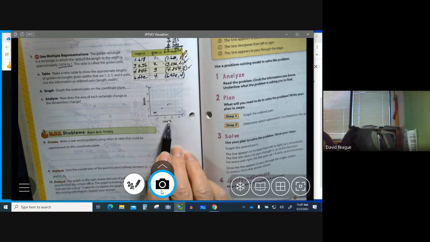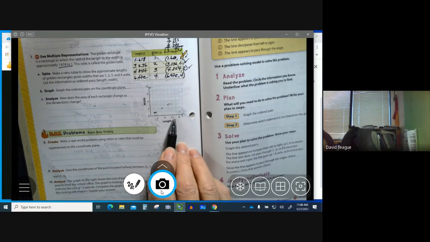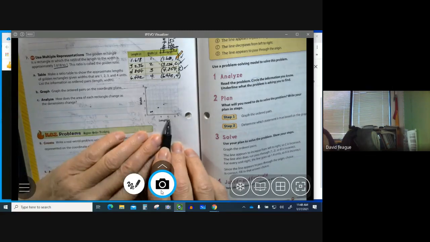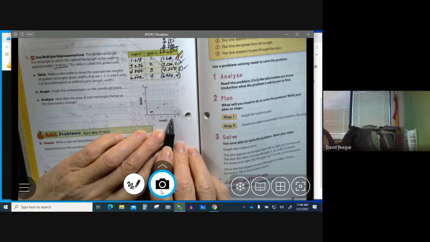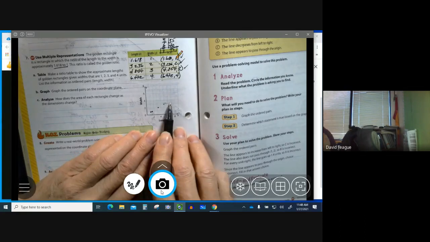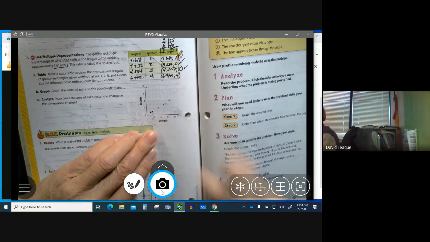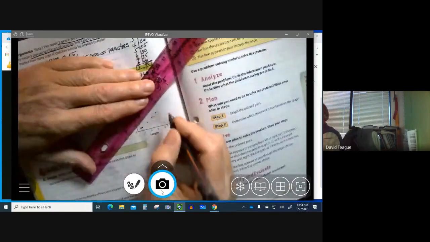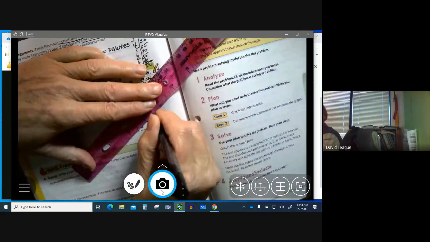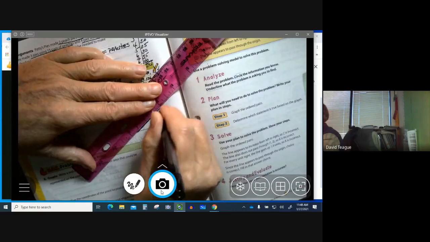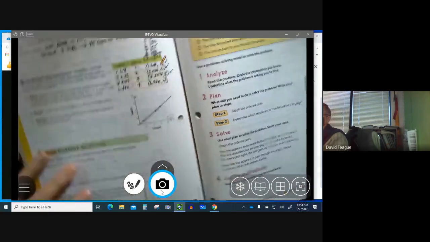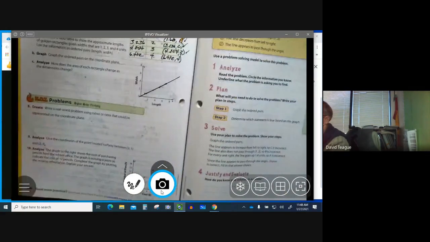And then 6.472 is almost 6.5, so that would be right about there, up to 4, which would be right about there. Okay, so that's our line.